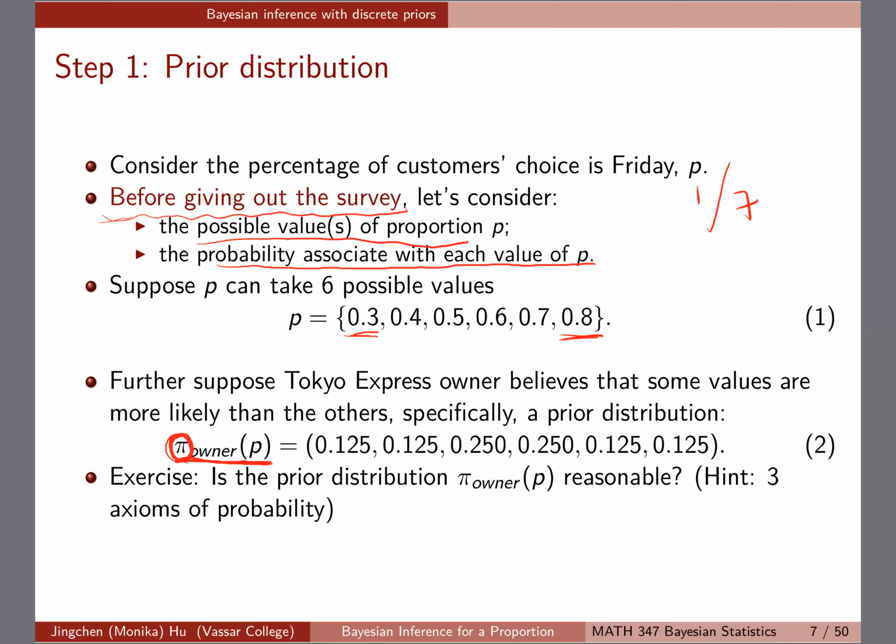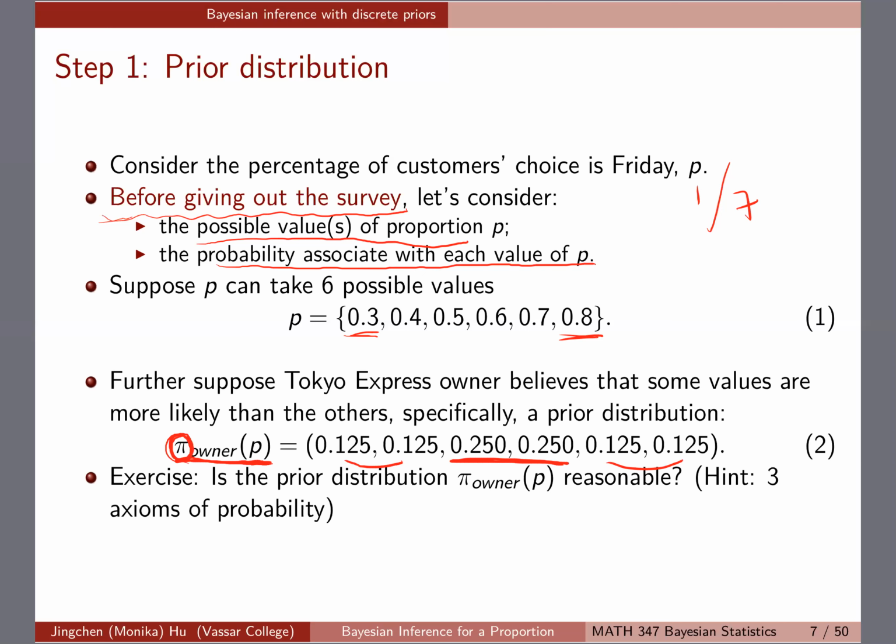Okay? And we use the subscript owner just to represent that it's the owner's prior, and the random variable here is P, the parameter. According to the 6 different values here, we're assuming that the middle 2, 0.5 and 0.6, are twice as likely as the remaining 4. Okay, and then they add up to 1.